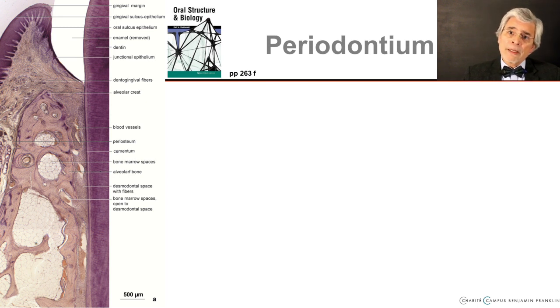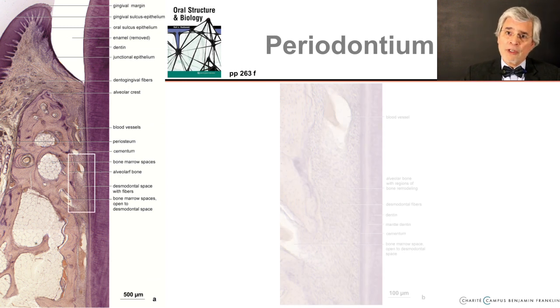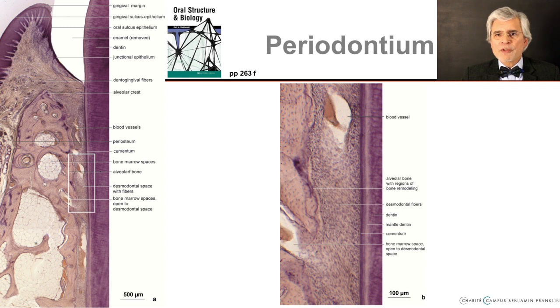And if we now want to see the supporting fibers in more detail, then we have to look at the specimen again at a higher magnification. And that is what is framed here in the white box again, and we can see the enlarged situation here on the right. The fibers now run obliquely from the top left to the bottom right in the periodontal space.